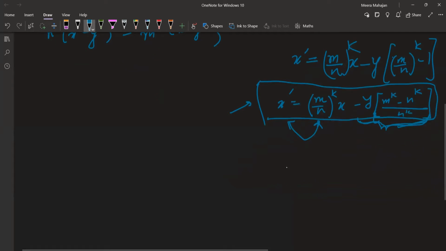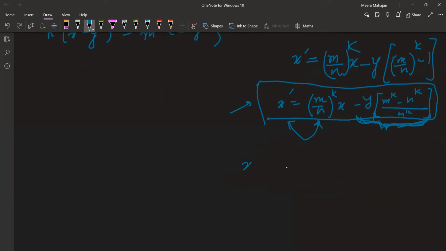Okay, as I said, we want to relate x prime and x. It's something in terms of r, which is m and n. We want to somehow remove this term. For any y and k, what is common about this term?